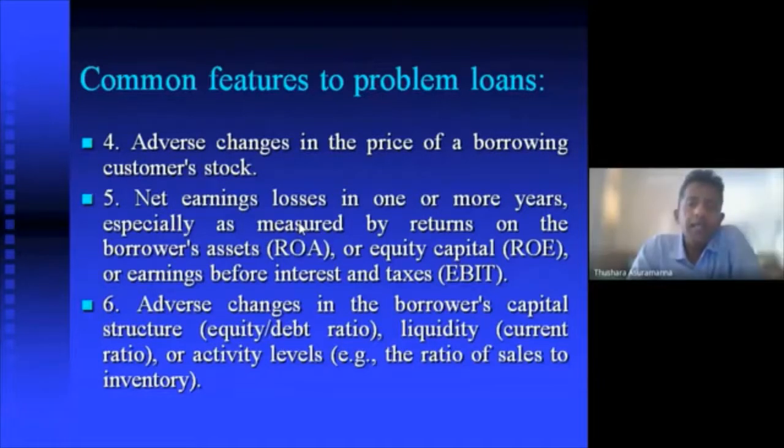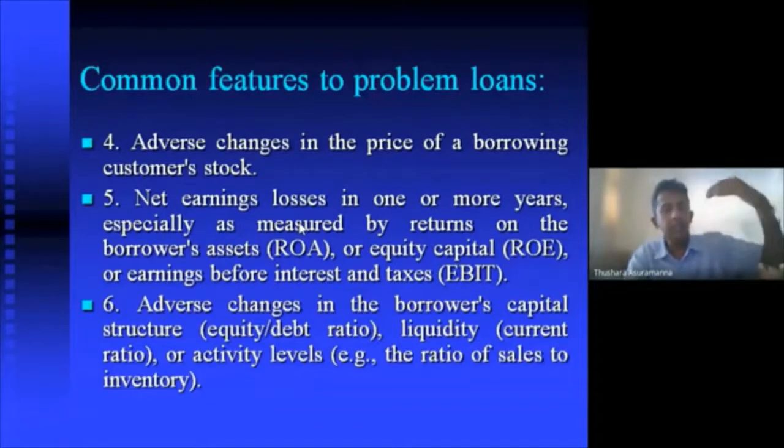Then, net earning losses in one or more years, because sometimes when the customer is submitting financials up to a particular year, they're showing profitable numbers. Beyond that, you can see the profitability is now going negative. Net worth is now eroding. Return on equity, return on assets, return on investments are coming down.